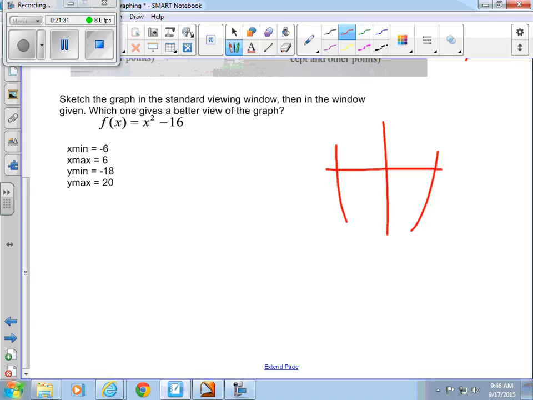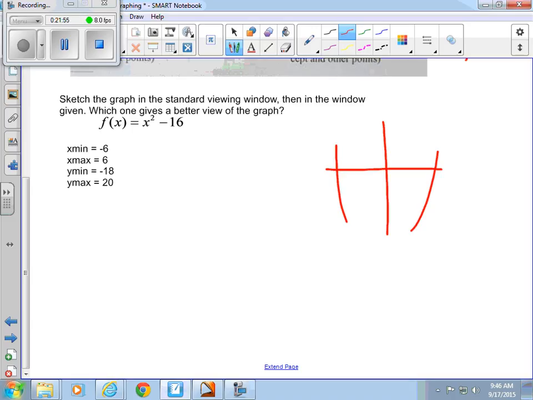Leave the x scale at 1, and then change the y-min and max to -18 and 20. Which one gives you a better picture? This one, right? Because it gave you the full graph.